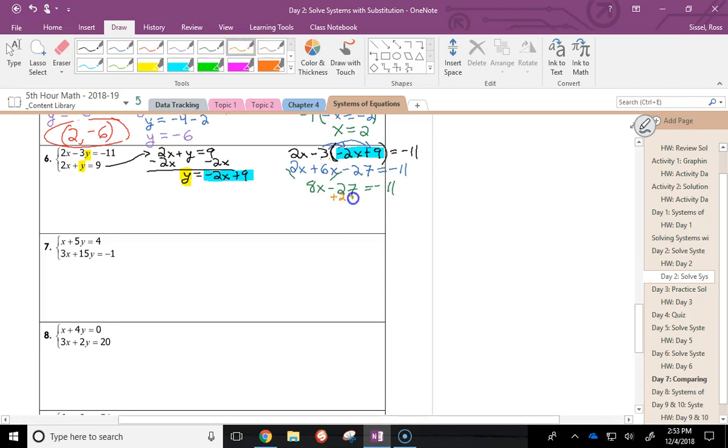Add 27. 8x equals negative 11 plus 27, which is 16. Let's go back to this color. Divide by 8, and I get x is equal to 2.